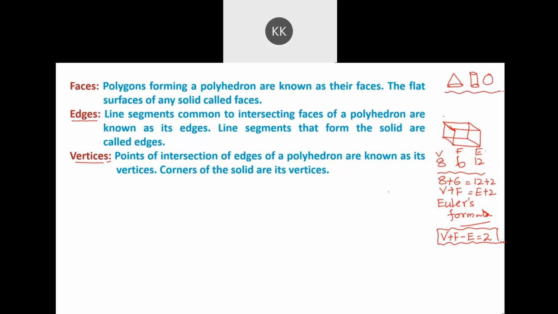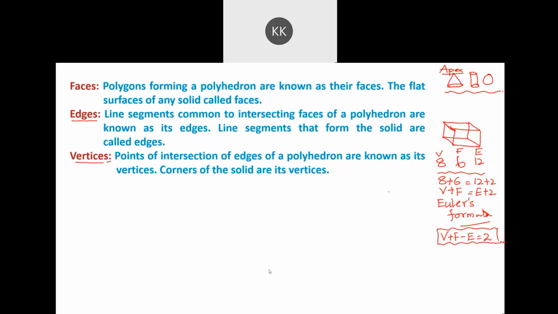The reason is it will not be having edges. And not only that, we cannot say that there is a vertex. What is the name for this, for a cone? It starts with A, second letter is P, third letter is E, fourth letter is X. What is it called?